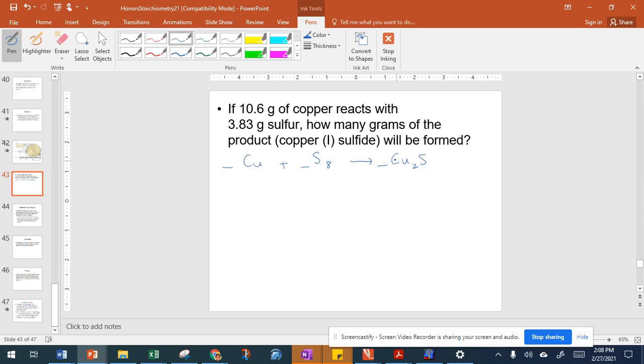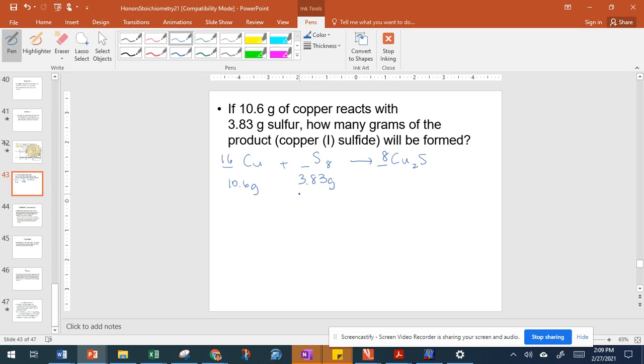We see that we need 8 of the sulfurs in our product, and then we need 16 of the coppers in our reactants. We recognize we have a limiting reagent because we have 10.6 grams of copper, grams of one of our reactants, and grams of our second reactant.